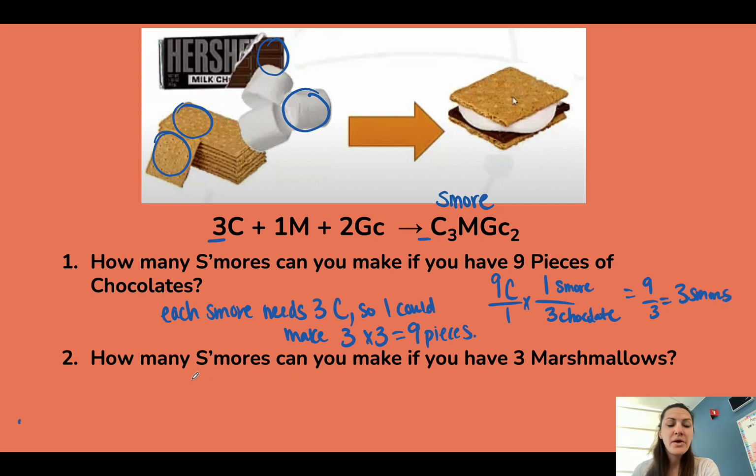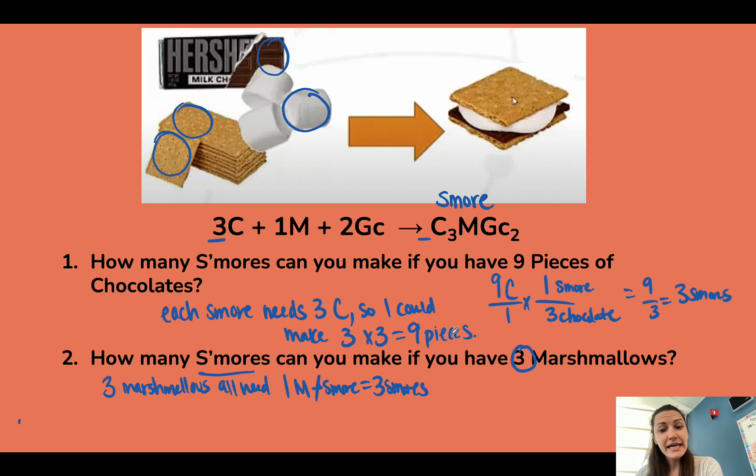What if we had 3 marshmallows? How many s'mores could we make? Well, assuming we had as many chocolates as we needed and as many graham crackers as we needed, from 3 marshmallows that all need 1 mallow per s'more, I could make 3 s'mores.